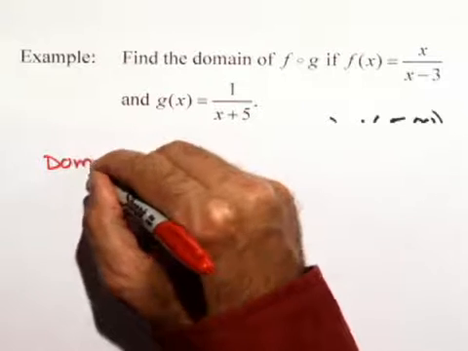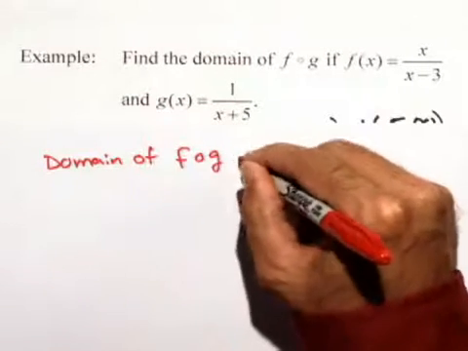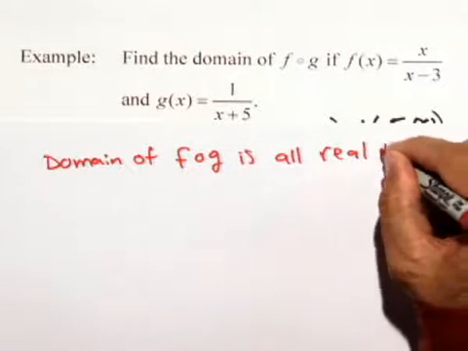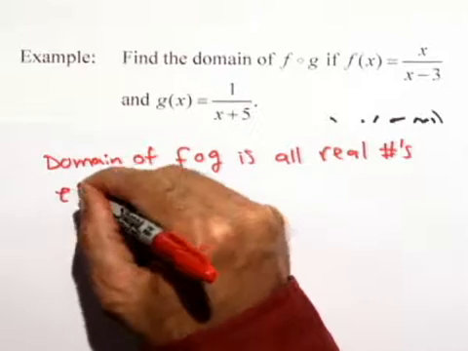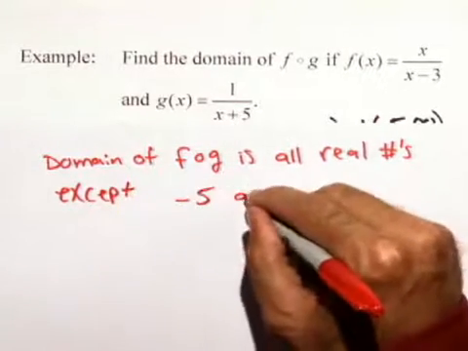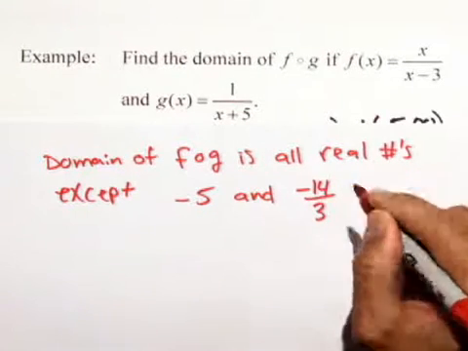The domain of f of g is all real numbers except -5 and -14 thirds. Okay?